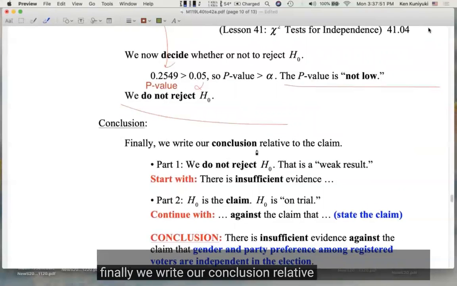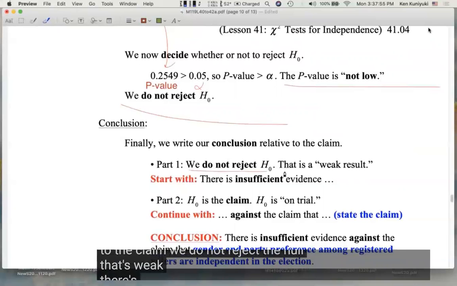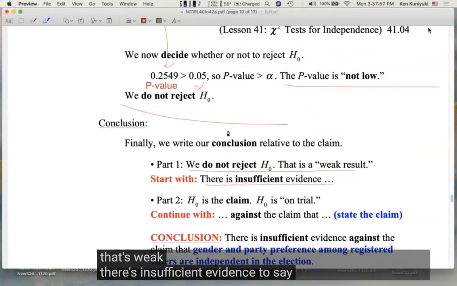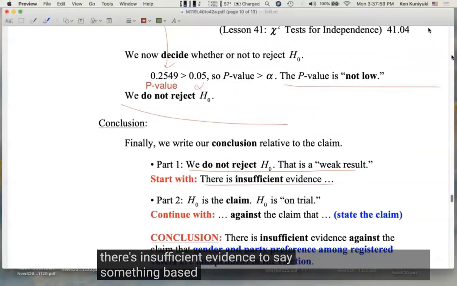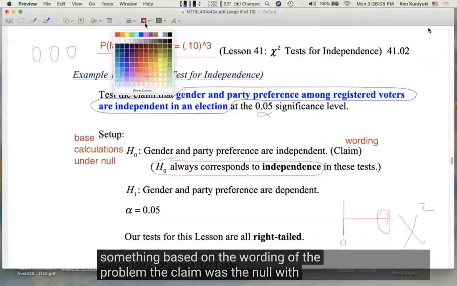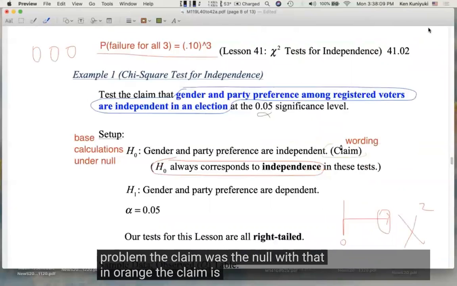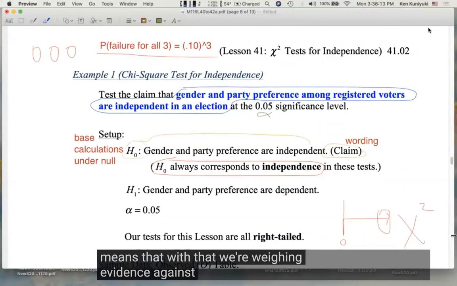Finally, we write our conclusion relative to the claim. We do not reject the null, that's weak. There's insufficient evidence to say something. Based on the wording of the problem, the claim was the null. Put that in orange. The claim is the null, which means that we're weighing evidence against that null claim.